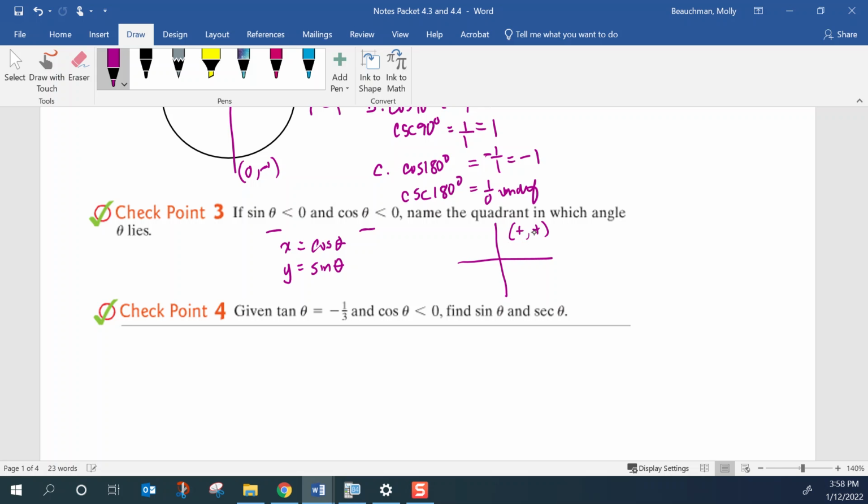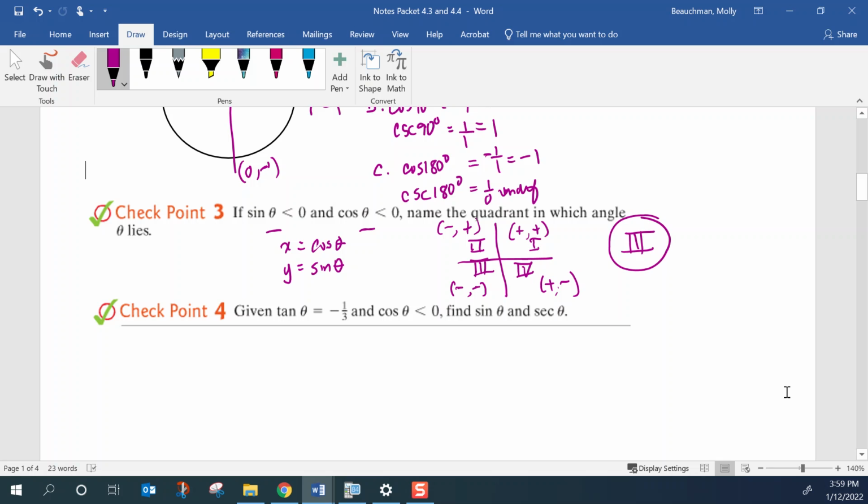The first quadrant, you have both positive x and y. Quadrant 2 has negative, positive. Quadrant 3, x and y coordinates are both negative, so sine and cosine are both negative. And quadrant 4, cosine is positive, sine is negative. So this is going to land in quadrant 3 because the sine and the cosine are both negative.